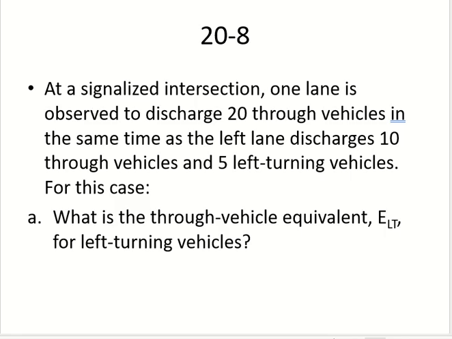If I have to calculate the flow, 20 straight divided by time X equals, for the same time, 10 straight divided by the same time plus 5, but they are not straight, so they must be multiplied by the equivalency factor.